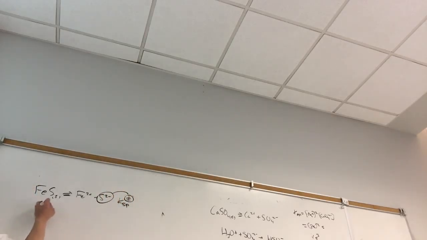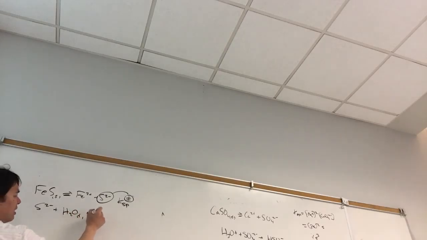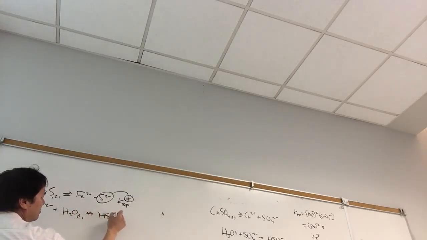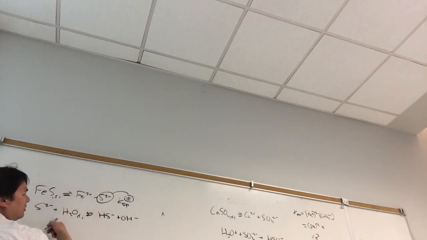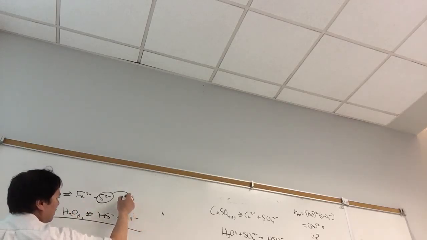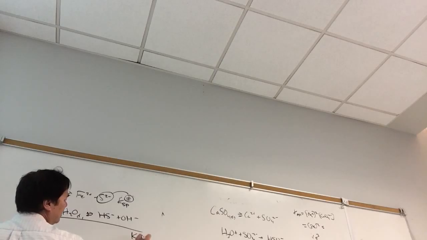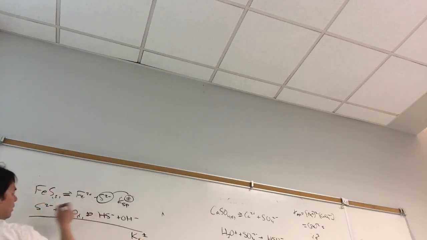The problem with sulfide is it's a strong base. Strong bases hydrolyze water completely. You can't stop it. Once that sulfide sees water, it's going to hydrolyze it to form HS minus and OH minus. Since we can't separate these two, this is going to happen as one process, then the Ksp double dagger is this.